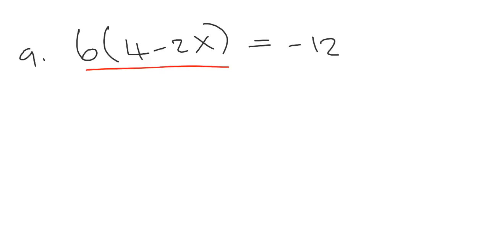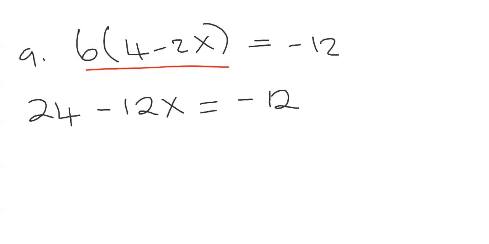So we now have 6 times 4, which is 24. Then 6 times negative 2x, we get a negative 12x, and that gives us negative 12. Collect like terms. Take your 24 that side.